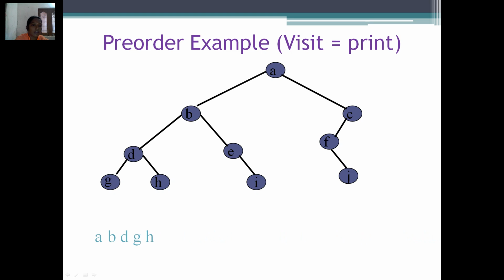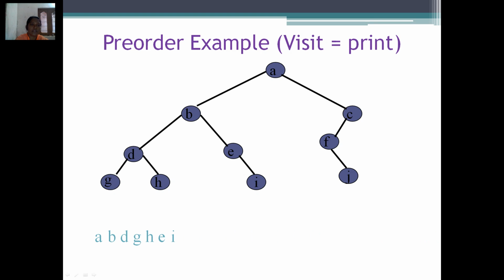So here the left subtree of B is completed, then we have to move to the right subtree of B. Here again E is the root node of I. So we first visit the E node, then the left node of E. E doesn't have any left node, then move to the right node.